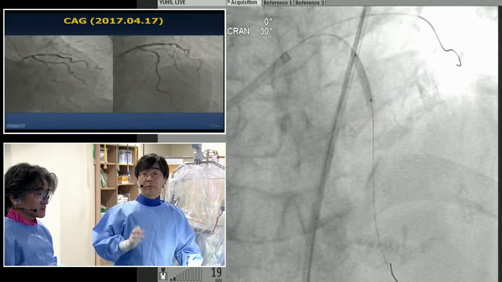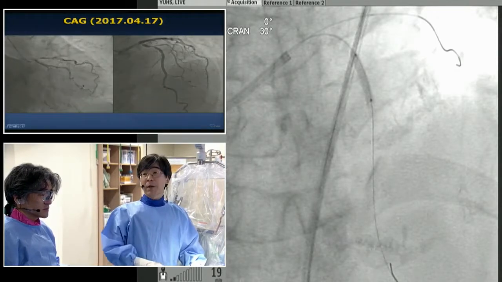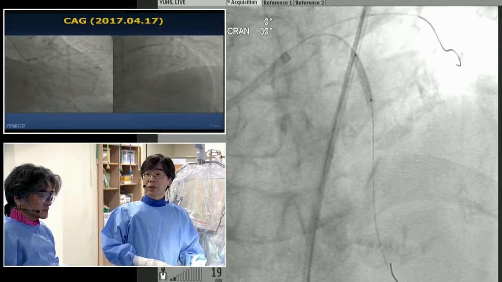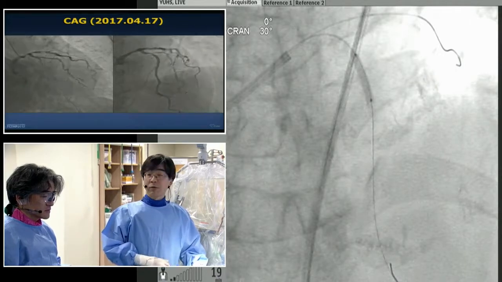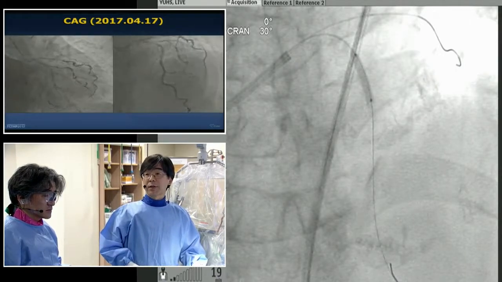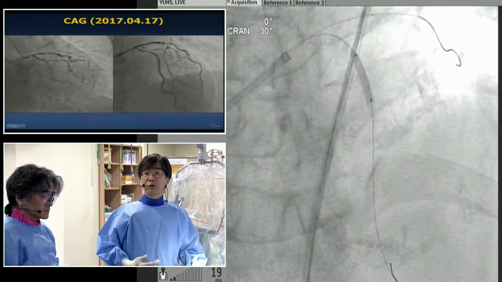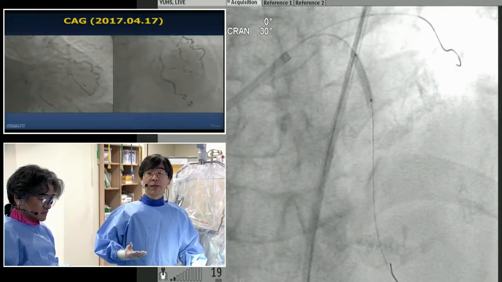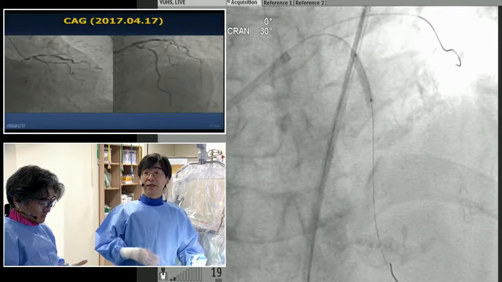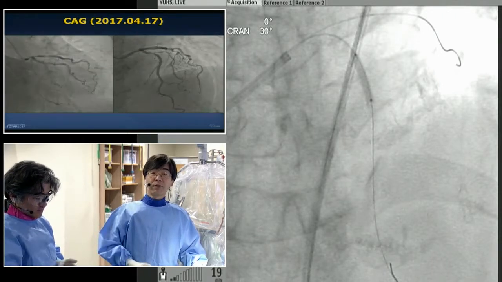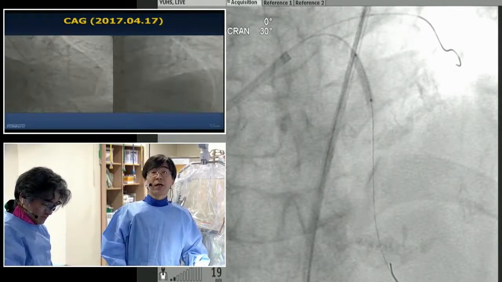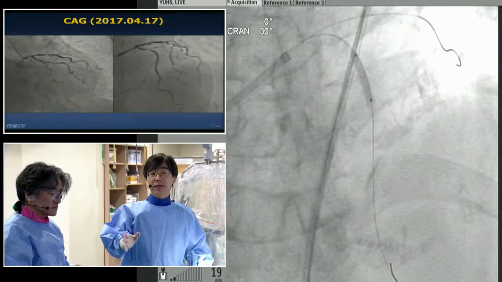And then, as one of the panelists recommended, we will now deploy the stent, and I selected the Biofreedom. We have some experience of using the Biofreedom before surgery, in patients who refused bypass surgery, for non-cardiac surgery.